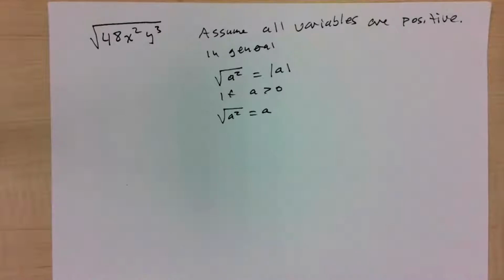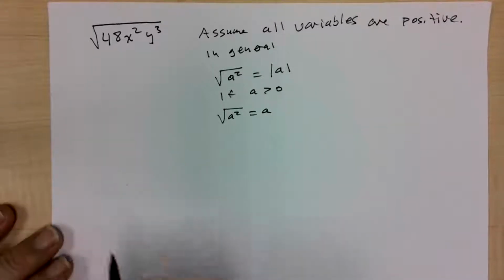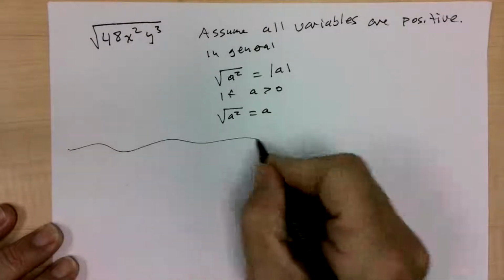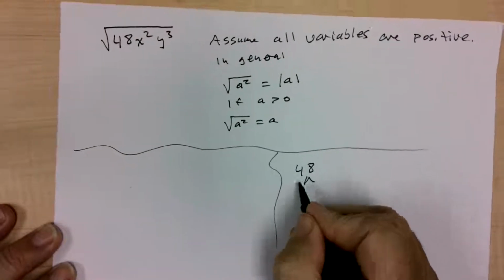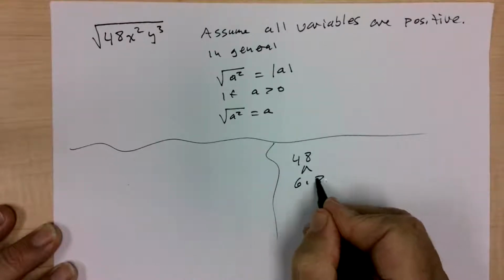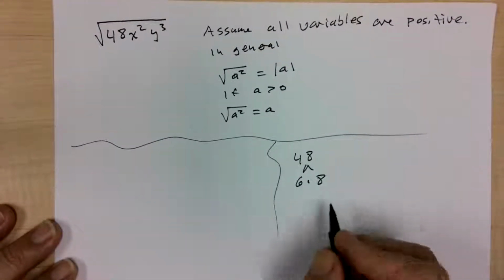But we still need to go ahead and do our division here. So we have our problem. We want to divide to see how this behaves. Divide out, do our factoring. So 48 is 6 times 8. 6 is 2 times 3.